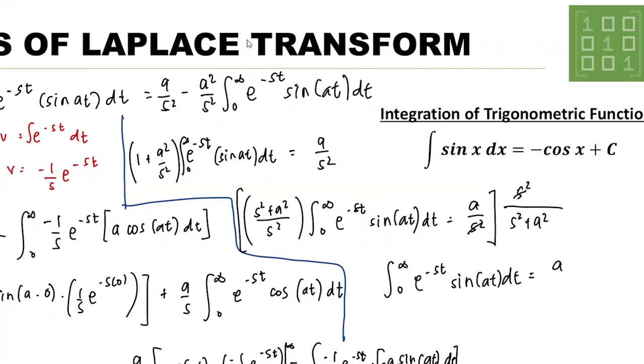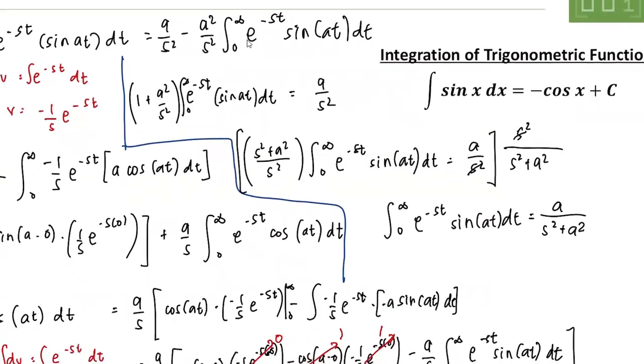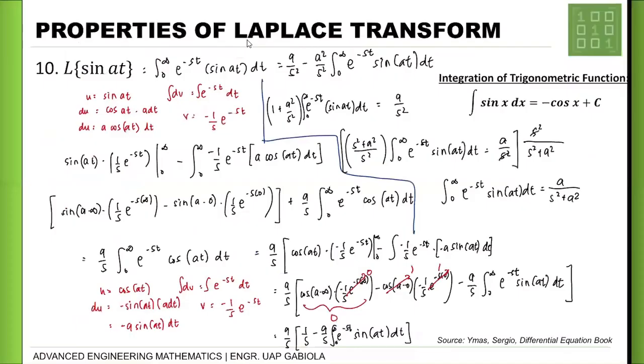We have a over s squared plus a squared. So that will be our value for sine. Okay? So this means, when we have a function sine of at, our answer is a over s squared plus a squared. So this will be our final answer for it.